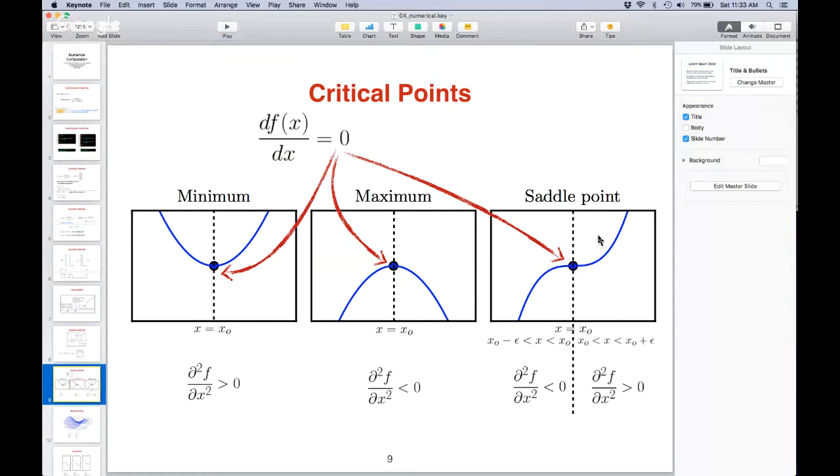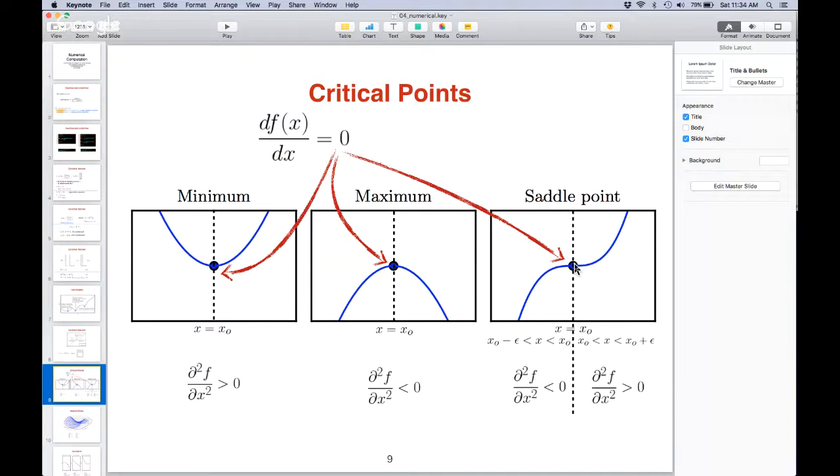And this can be extended to multiple dimensions as well. Say you're in a 100-dimensional space and your loss function has 100 inputs, and you have found a point in that solution space where the first derivative of your loss function with respect to every input variable from x1 to x100 is equal to 0.